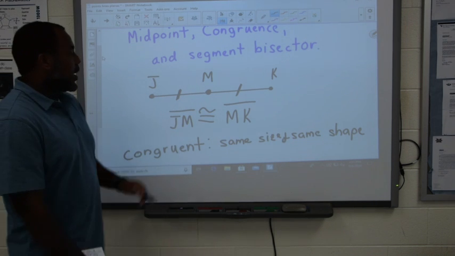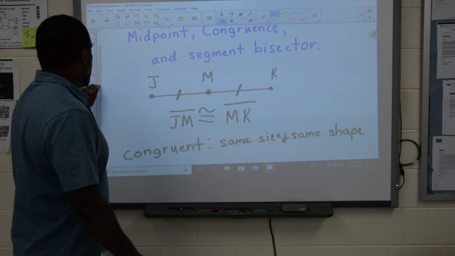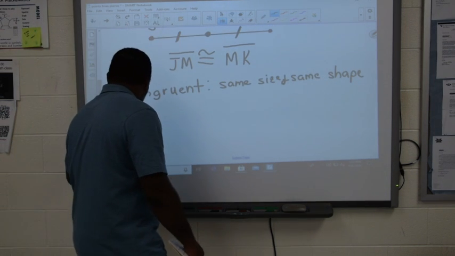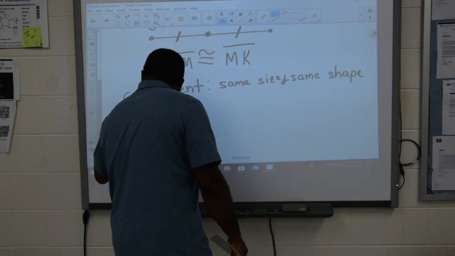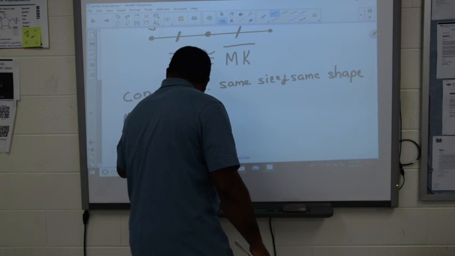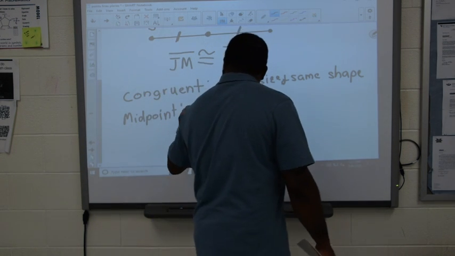So right now we have midpoint. Literally the point in the middle.